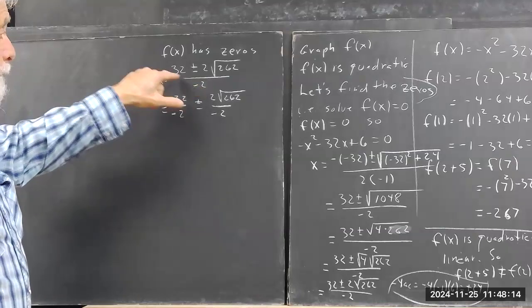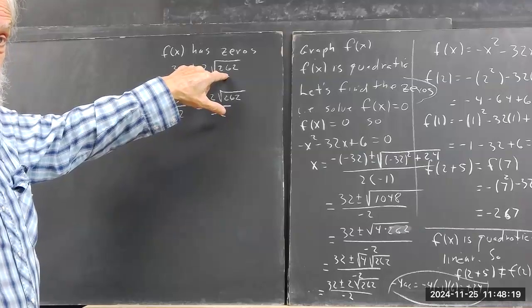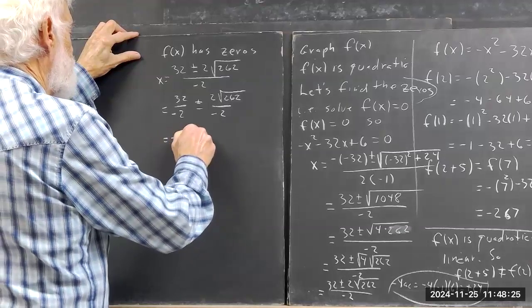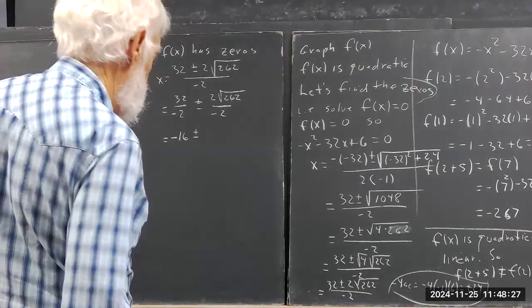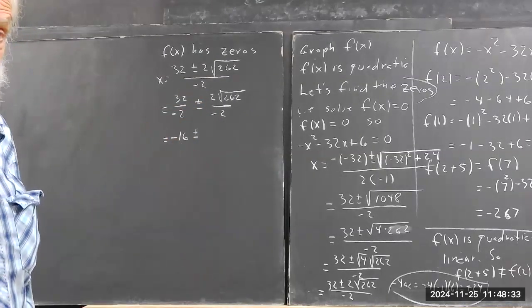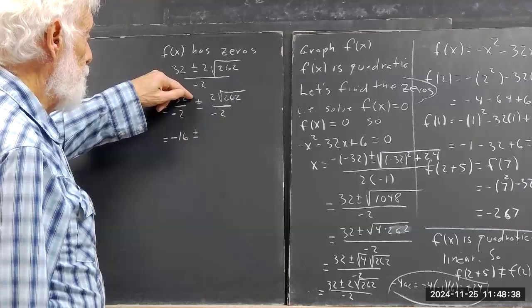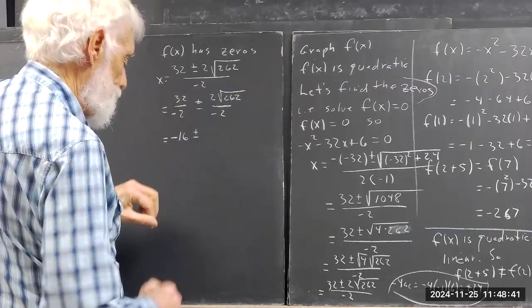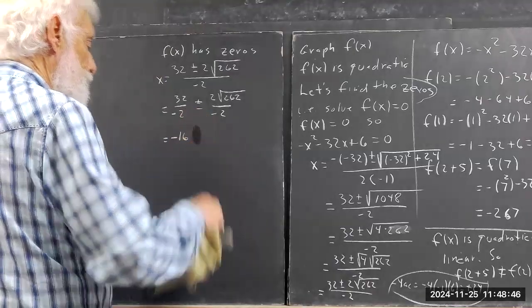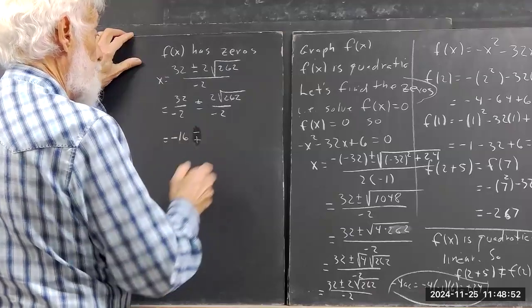In other words, the negative 2 divides 32, but it's not done. It also divides 2 times the square root of 262. So this would be negative 16 plus or minus what? Well, negative 2 goes into 2. That gives us negative 1, right? Well, if this is a negative square root of 262, it makes the plus into minus and the minus into a plus. So instead of writing plus or minus, we could write minus or plus.